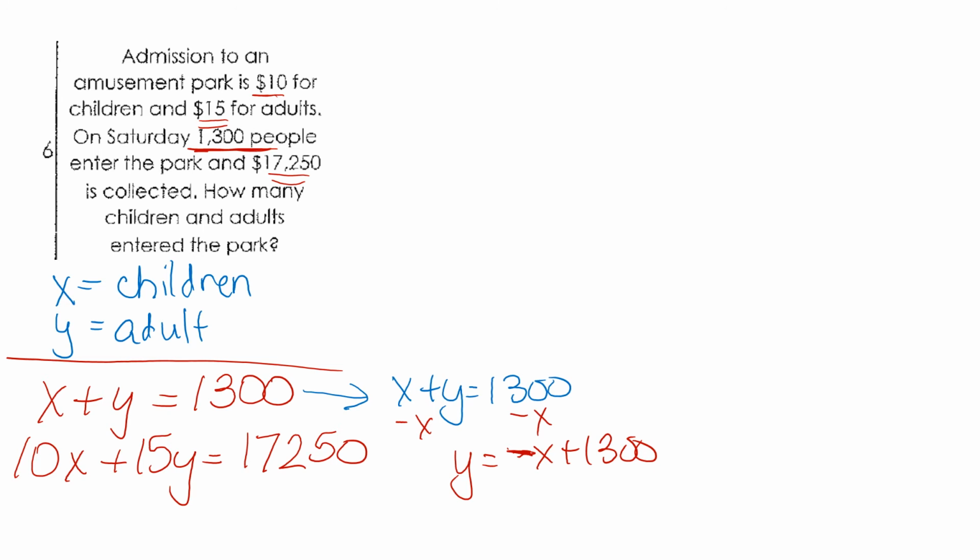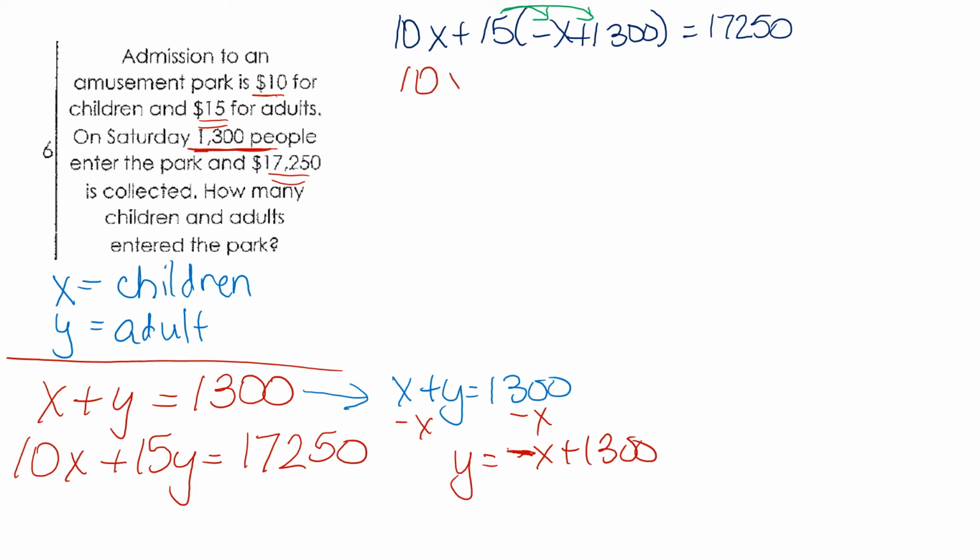All right, 10x plus 15, substitute in the negative x plus 1,300 equals 17,250. Always remember to do your distributive property. So that's going to leave me with my 10x. 15 times negative x is negative 15x.